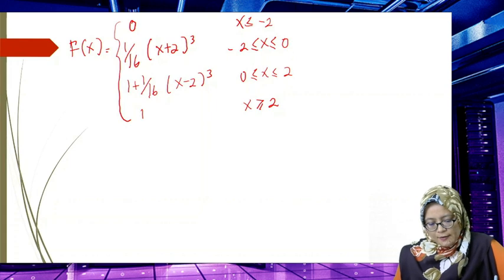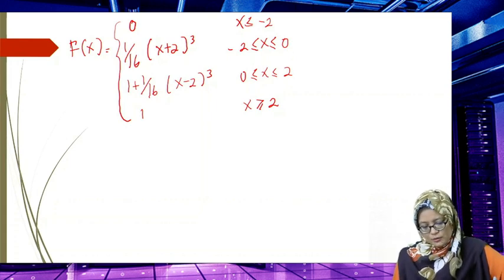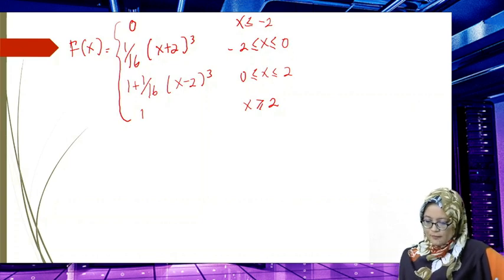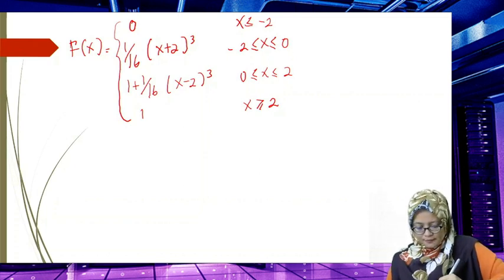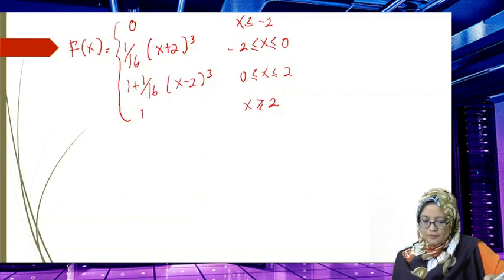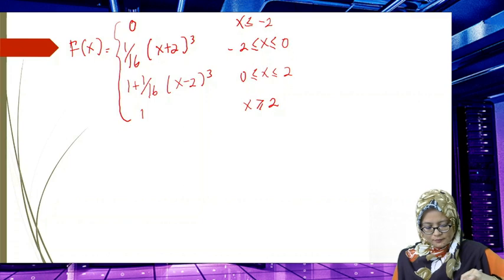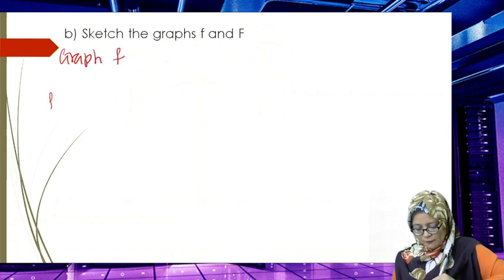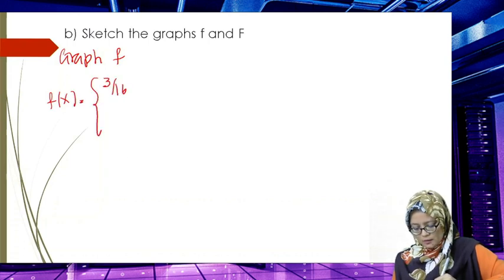Okay, so then we want to sketch the graph of f and the cumulative. So referring back to the graph of f, I rewrite its function. So 3 over 16 (x plus 2) square for interval negative 2 until 0.